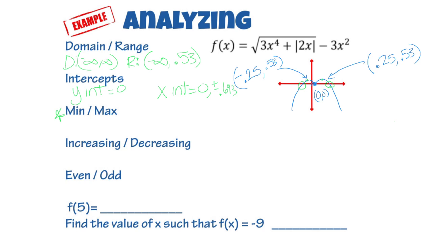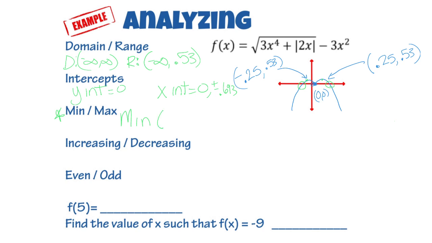All right, min and max I've already found. Well, I take that back. I have found them with my calculator, but to list it, remember you're talking about your relative min and max, which means any peaks or valleys. So I have one valley, it's that 0, 0 where it came down and came back up.